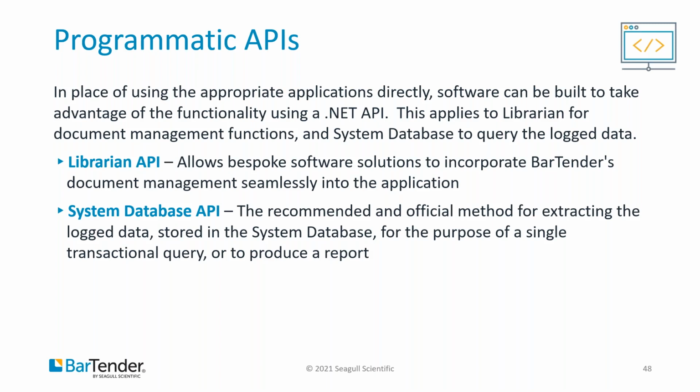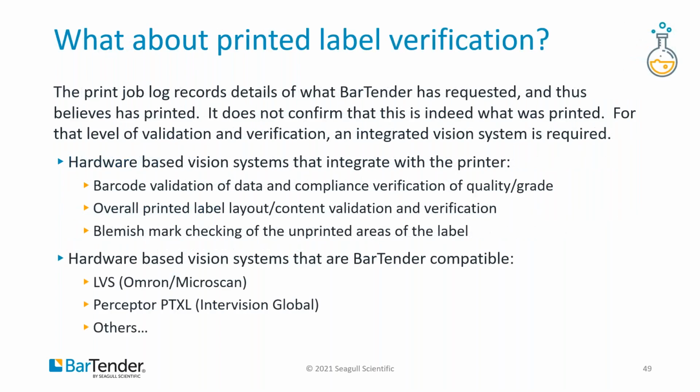And therefore, the recommended and supported process for generating reports is to make use of the System Database API to extract that data and to put it into a report format. It should be noted that the History Explorer itself does offer some limited report capability, and we'll take a look at that in just a moment.